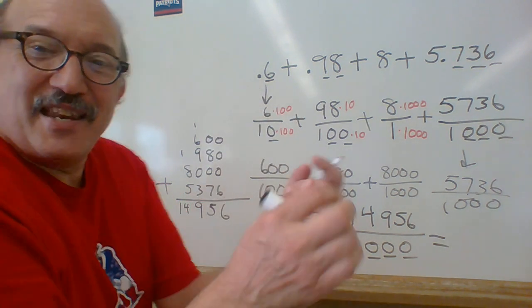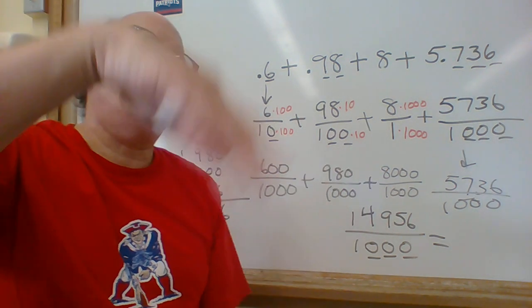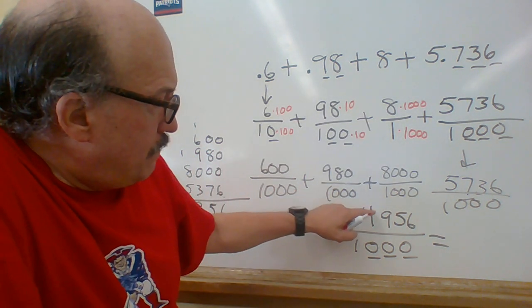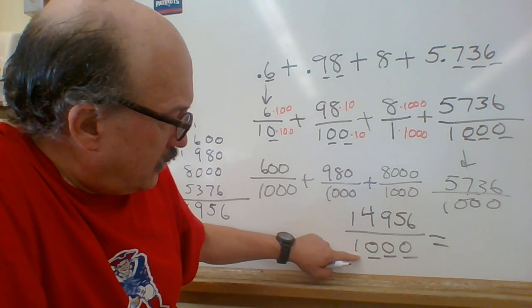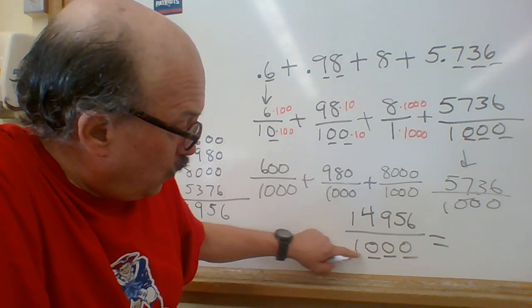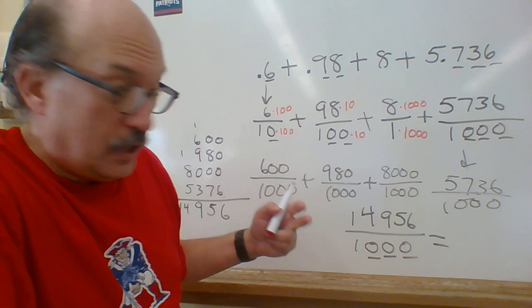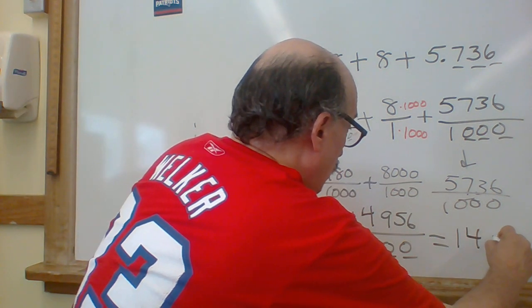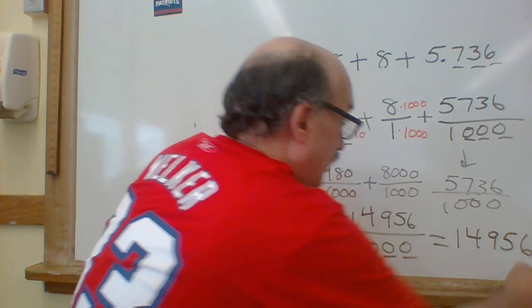You see how that introductory video, you might have thought, well, yeah, he told us that before. But this idea: the denominator has a power of 10, so 1 followed by zeros. We just rewrite the numerator, take the digits of the numerator, a 1, a 4, a 9, a 5, and a 6.